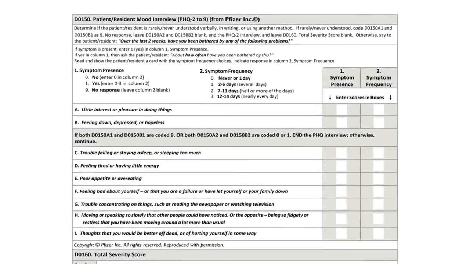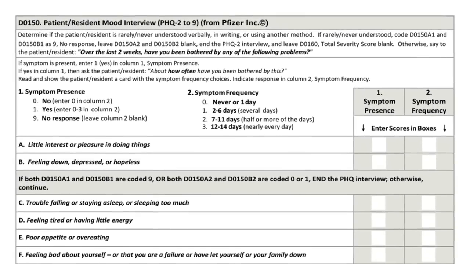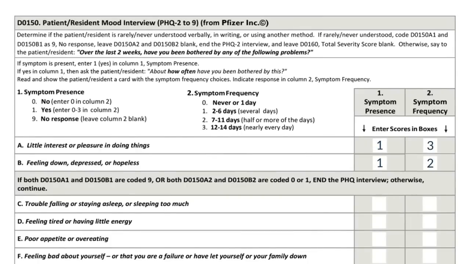Now let's review the coding for this part of the interview. How would you code symptom presence for D0150C1, trouble falling or staying asleep or sleeping too much? How would you code symptom frequency for D0150C2?